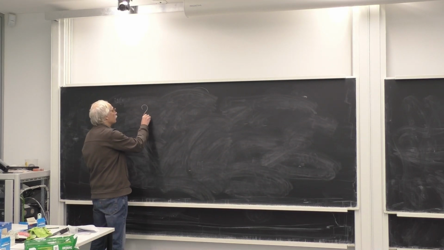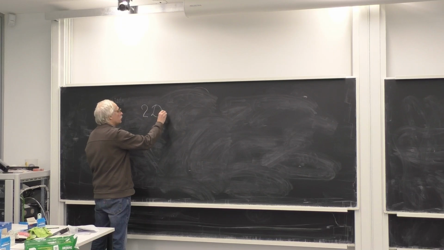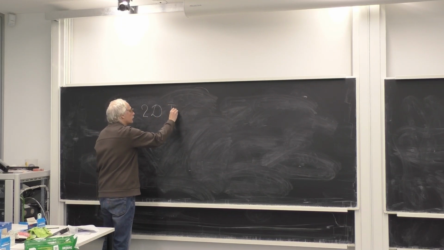This hierarchy is also called the two-dimensional Toda lattice.